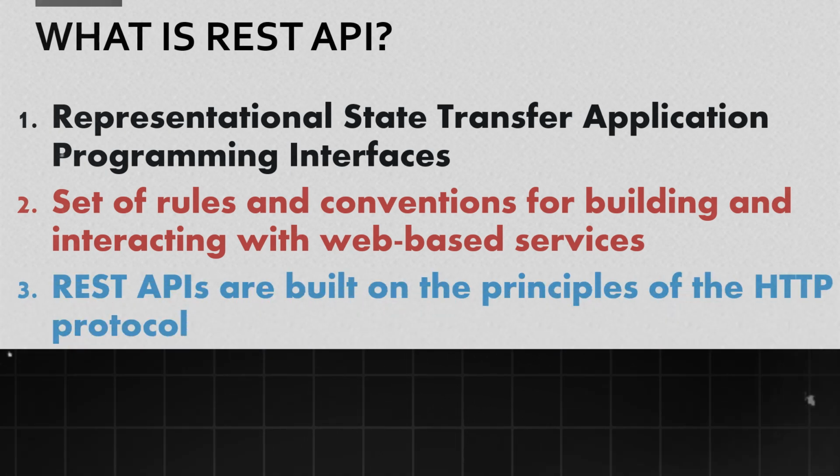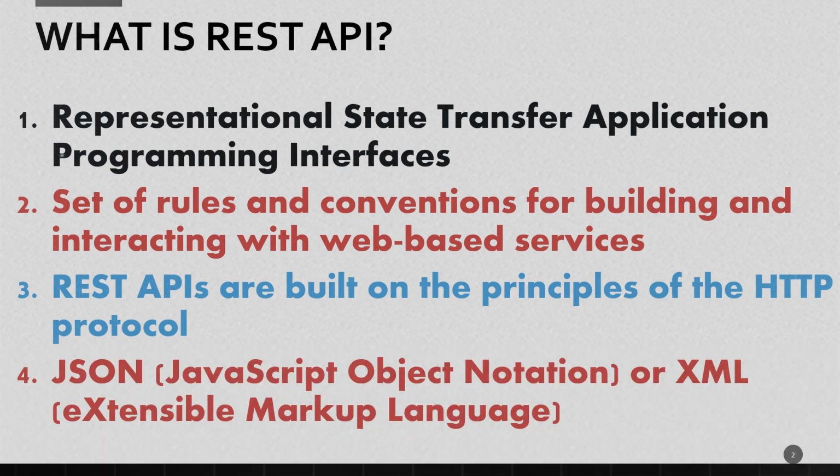REST APIs are built on the principle of the HTTP protocol, which is the foundation of the World Wide Web. They utilize HTTP methods such as GET, POST, PUT, DELETE to perform actions on resources identified by URLs. They support different formats such as JSON or XML.